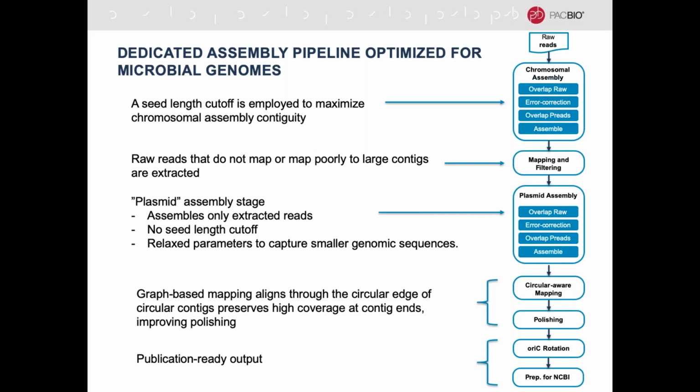So I'll highlight that origin of replication rotation a little bit later on, but that is another one of the nice new features of this pipeline that orients the assemblies around the estimated origin of replication.